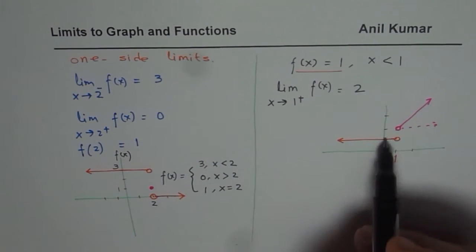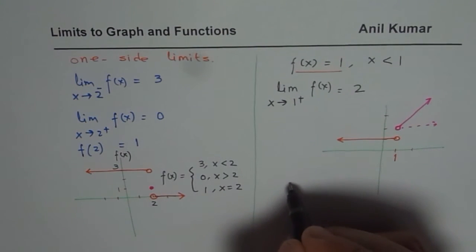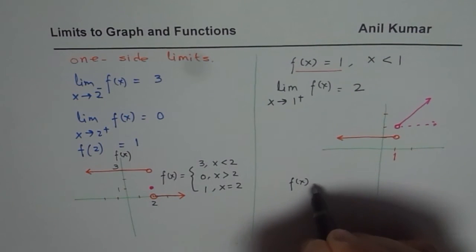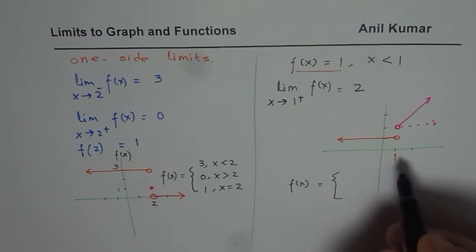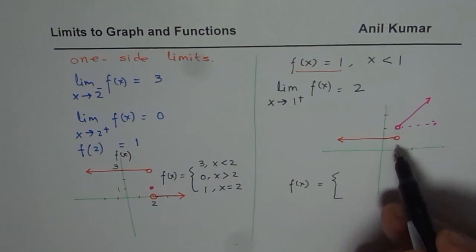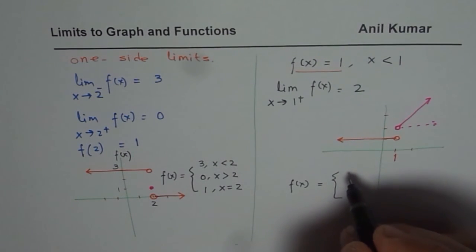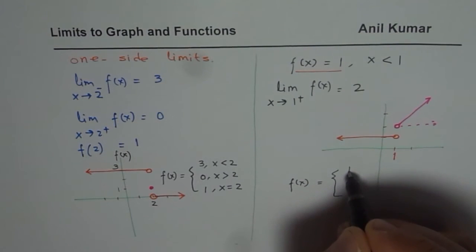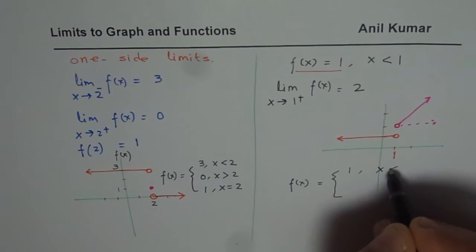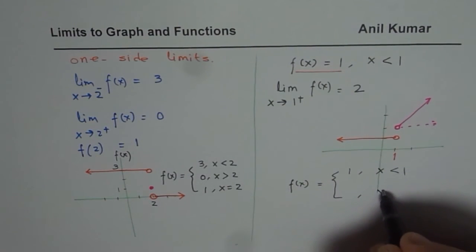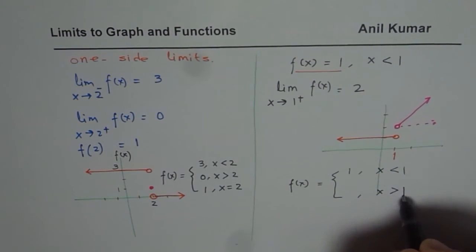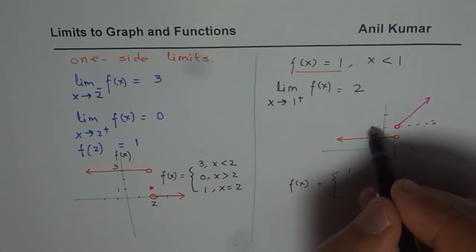So anyway, if we draw this kind of a function, then we say f of x is equal to 2 pieces for us in this particular case. It is not defined at 1, you can see that. So it is equal to 1 for x less than 1. That is given to us, right? And what happens when x is greater than 1? If x is greater than 1, then the point is at (1, 2).